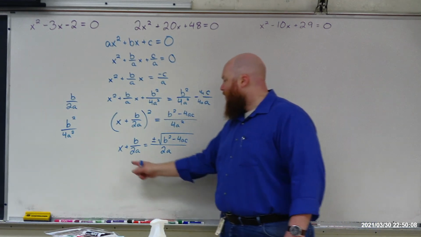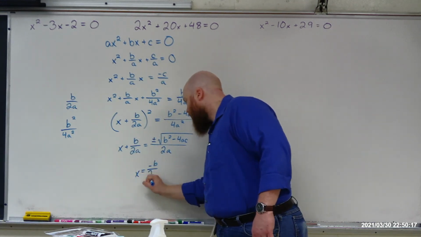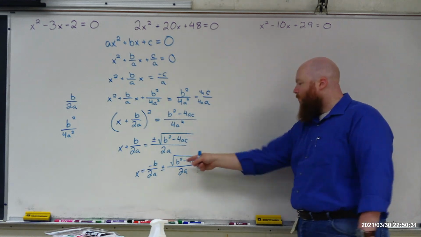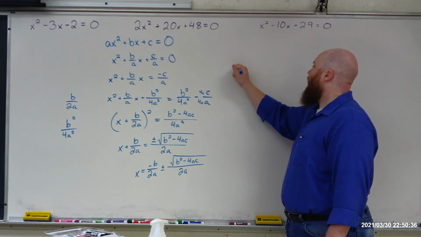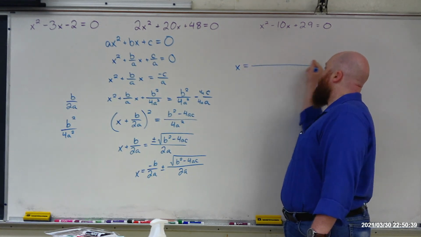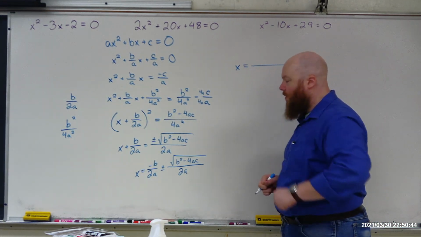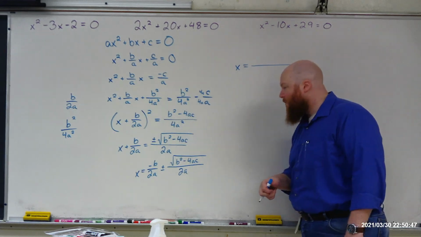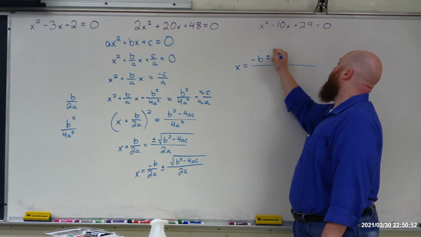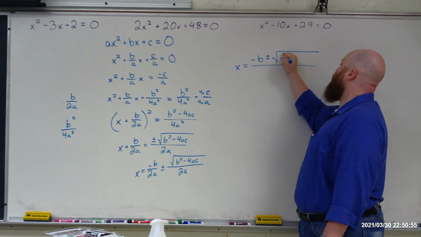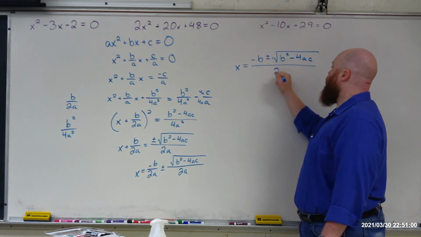I then go ahead, finish isolating x, subtract b over 2a from both sides. And those two fractions both have the same denominator. We can combine these as a single fraction. I end up with any quadratic equation in standard form, if I know its values a, b, and c, its coefficients, its solutions must be equal to negative b plus or minus the square root of b squared minus 4ac all over 2a.